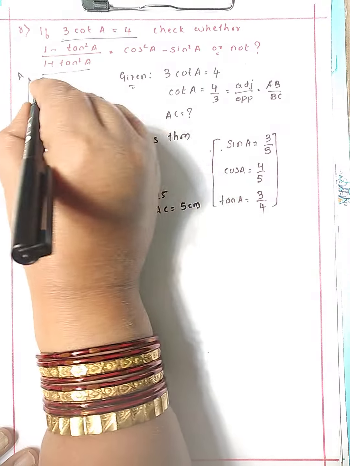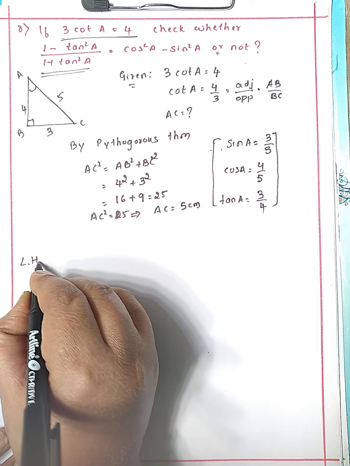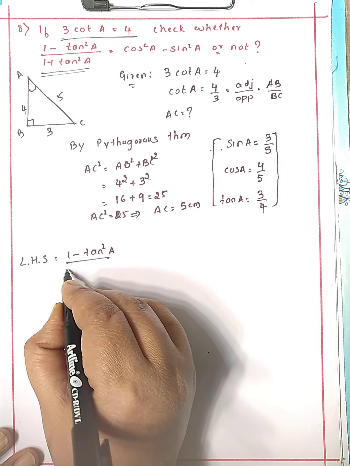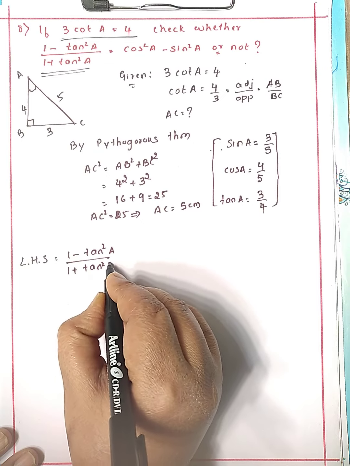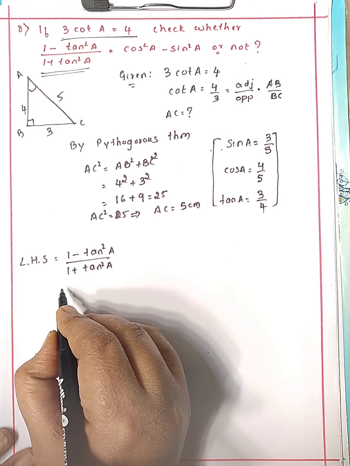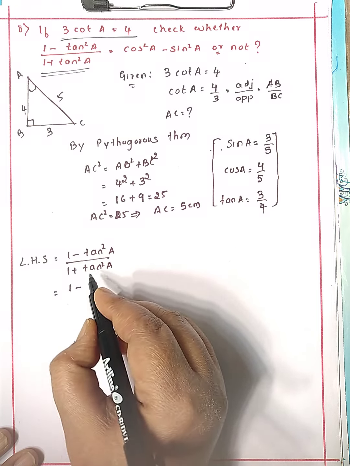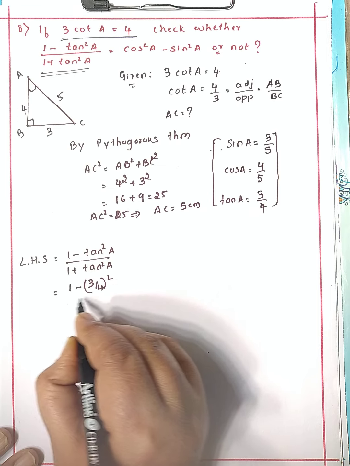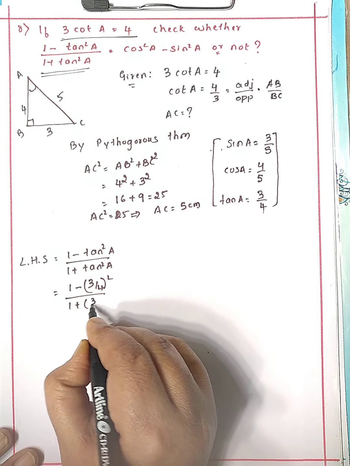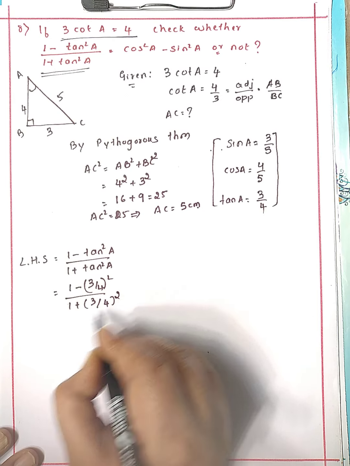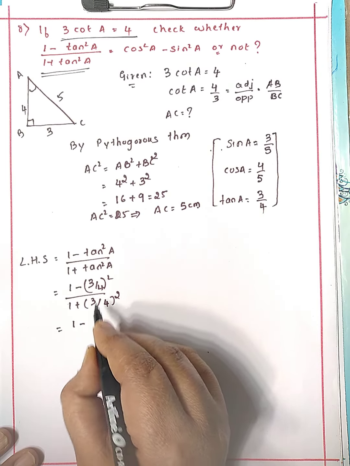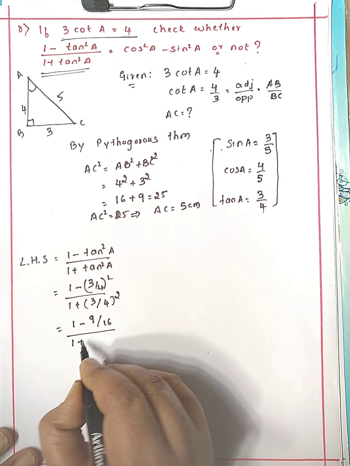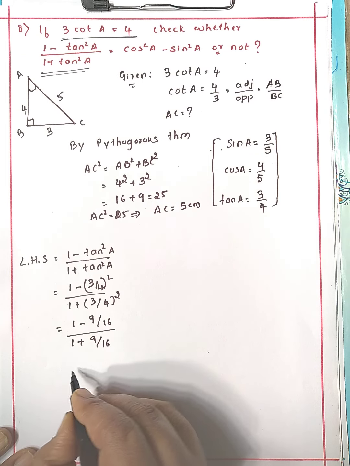First take this LHS. LHS is what? 1 minus tan square A upon 1 plus tan square A. So tan A is 3 by 4. 1 minus 3 by 4 whole square upon 1 plus 3 by 4 whole square. This becomes 1 minus 3 3s are 9 and 16, 1 plus 9 by 16.